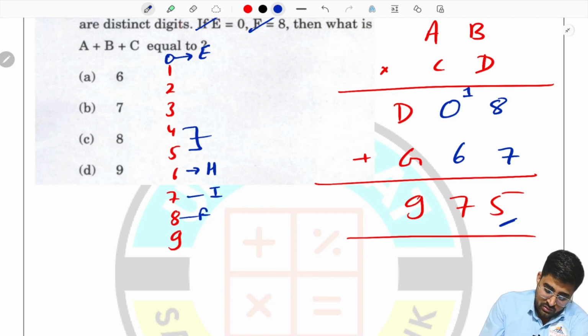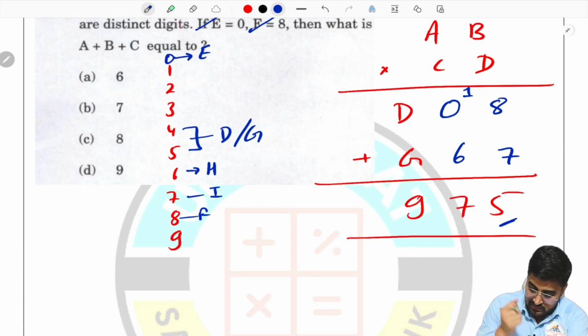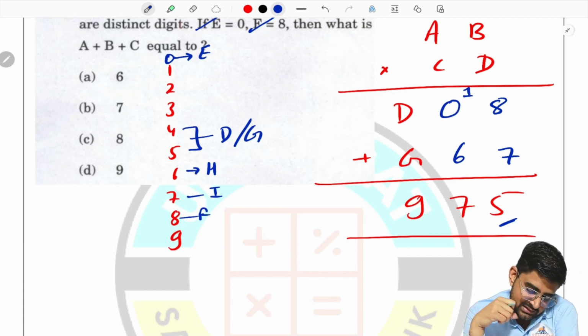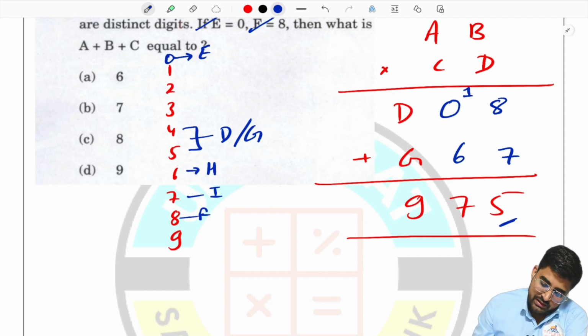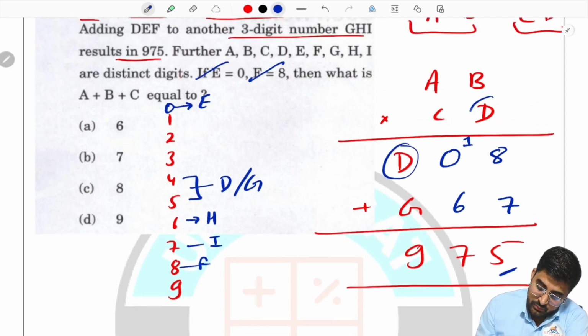No. So 5 and 4 make 9, but we are not clear which one is D and which one is G. But it is clear that D and G occupy the space for 4 and 5. The good thing is we have a commonality: D is present on the multiplication side also.